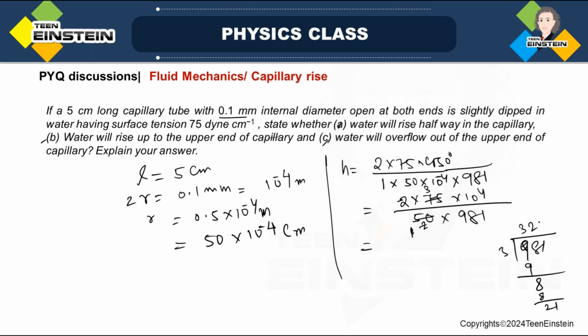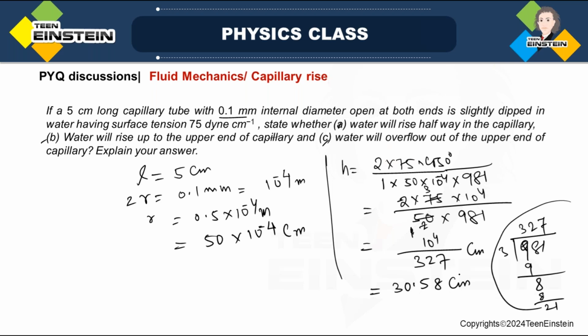So this is 10 to the power 4 divided by 327. Now you have to divide this one. This will give you some 30.58 centimeter. So this is just a matter of calculation.